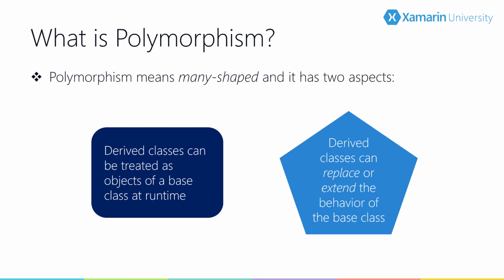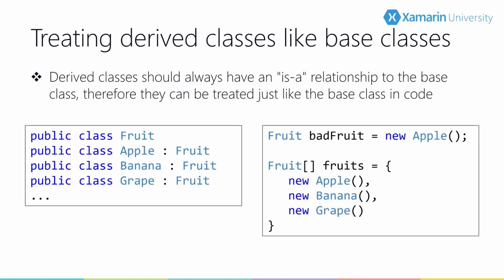Anything that derives from animal can be stored inside of an animal variable. But the second aspect is derived classes can replace or extend the behavior of the base class. So this means that a derived class can actually sometimes change the functionality of the base class in respect to the derived class. And you'll see exactly what I mean by that in just a moment.